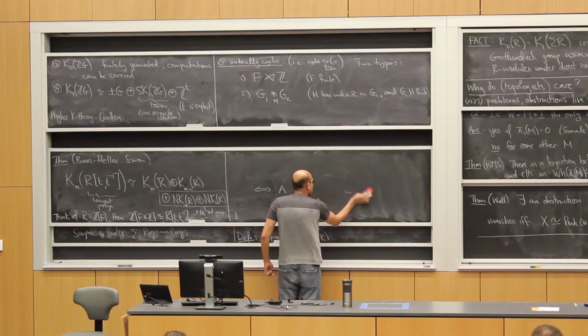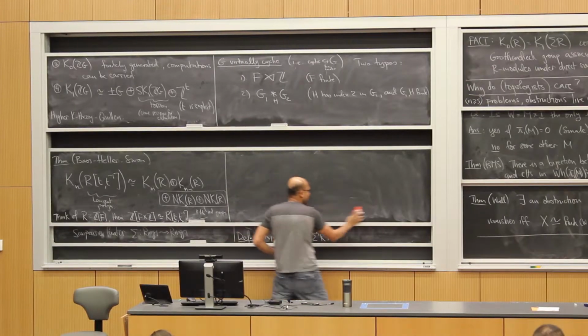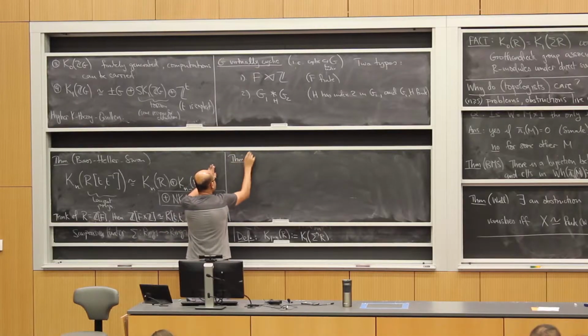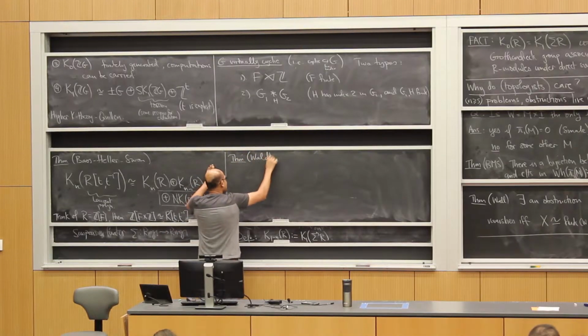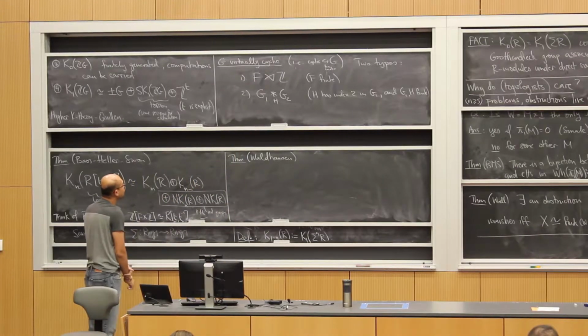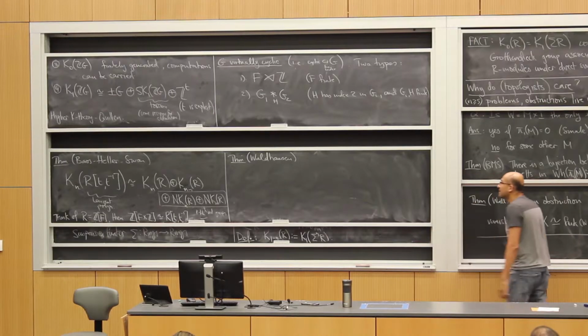But let me give you one other theorem. So this is Waldhausen, which deals with the second case. K-theory is a covariant functor.